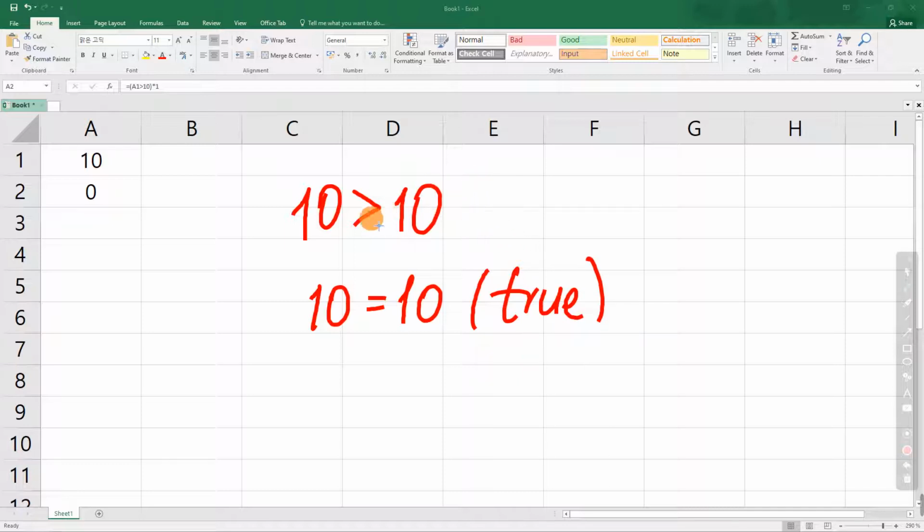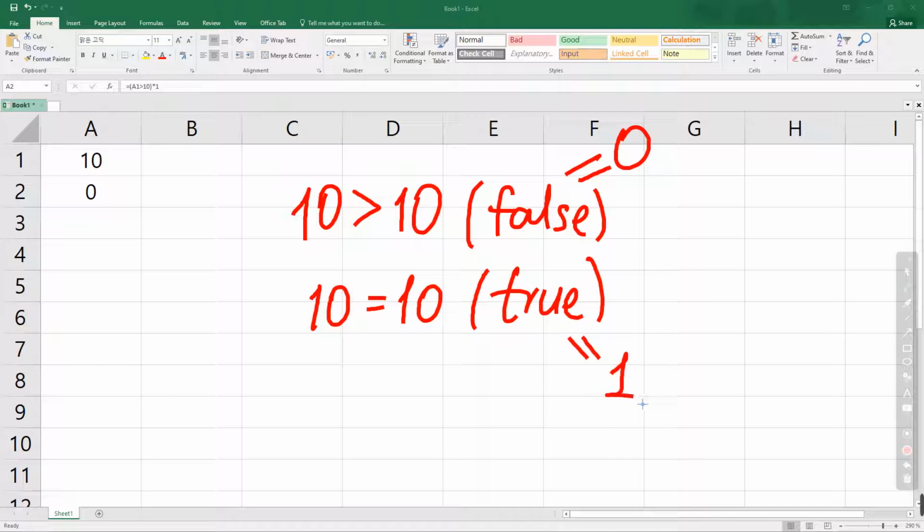In our case, what do we have? We have false. If you multiply by 1, you will get false, which is 0, and true will be equal to 1. Please don't forget what is false and what is true.